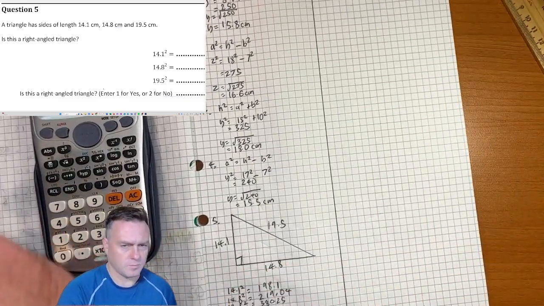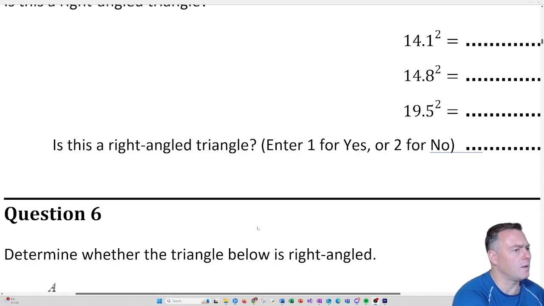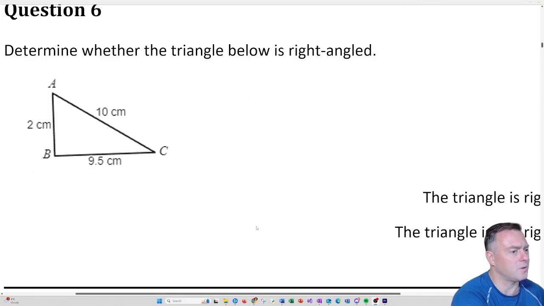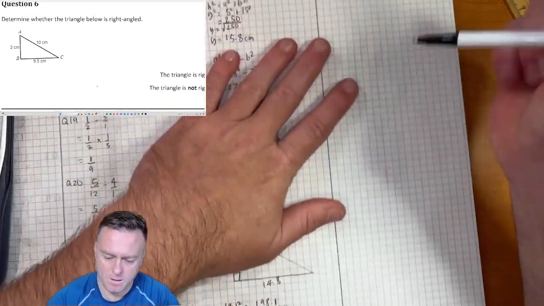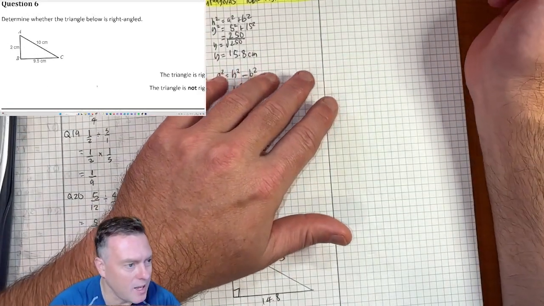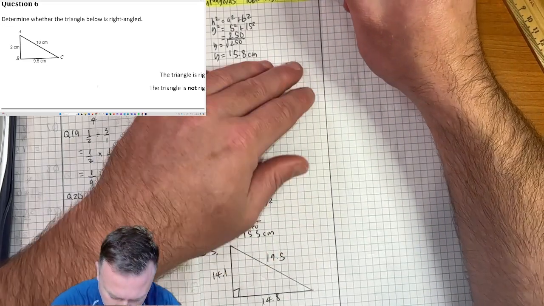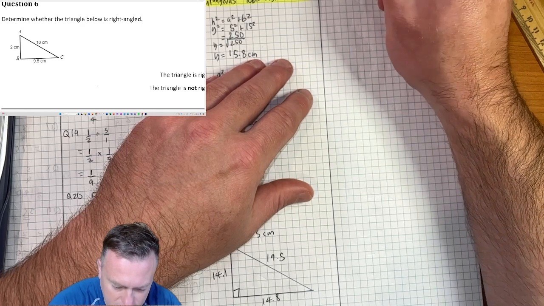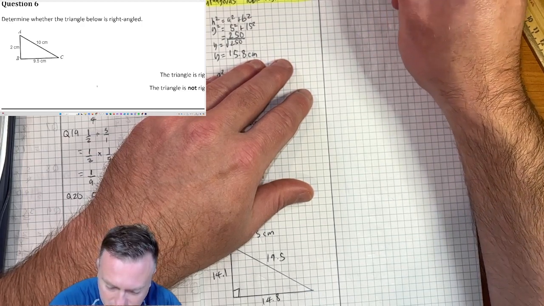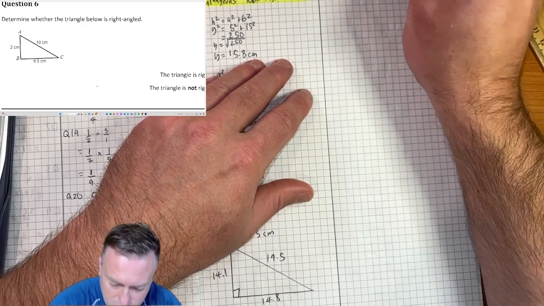Cool. Next question. Determine whether the triangle below is a right angle triangle. Exactly the same process. So this time the hypotenuse is 10. So question 6. So we go 10 squared is equal to 9.5 squared plus 2 squared.